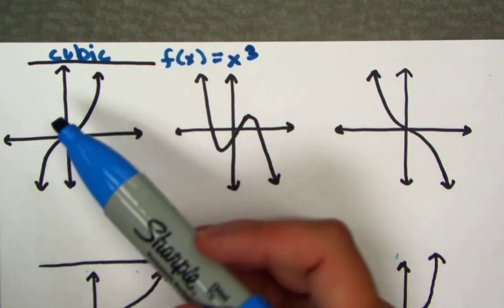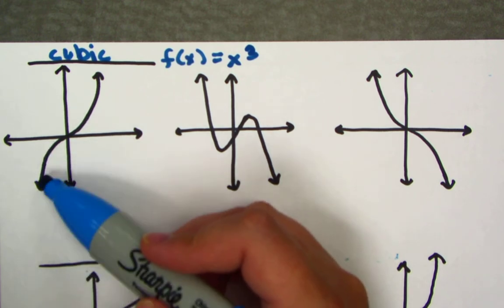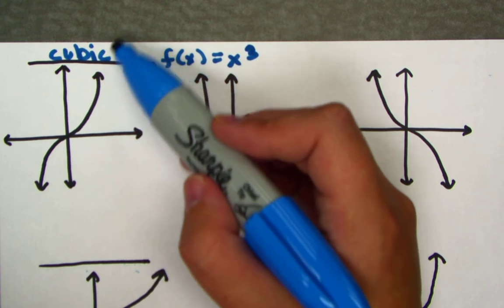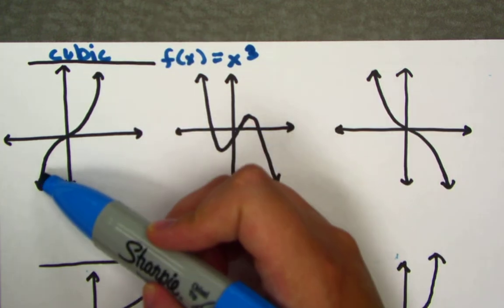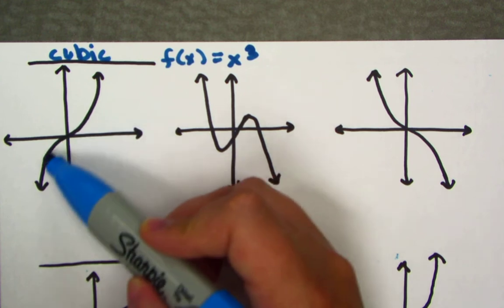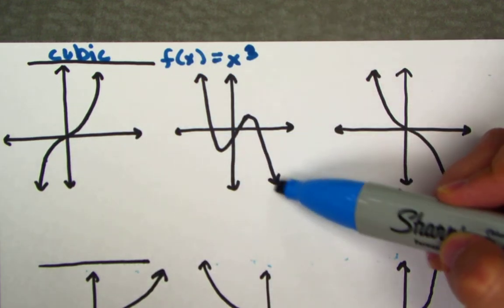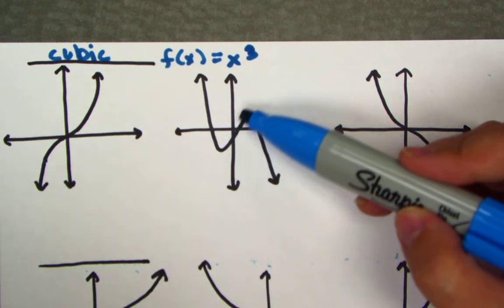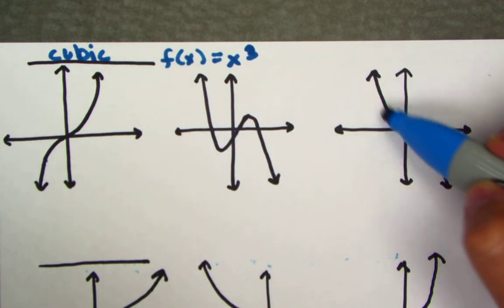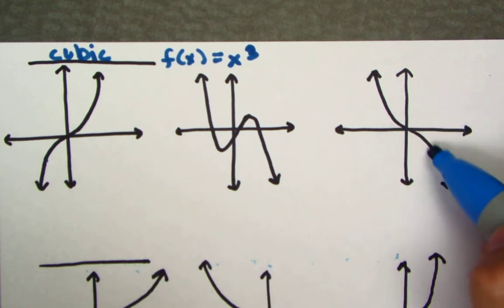Notice with these, it starts going one way, to the left it either goes up or down, and then to the right it goes the opposite way. Here it goes down to the left and up to the right with some curving in the middle. Here it starts going up, but to the right it's going down with some curving in the middle. And then same thing over here. It starts up, ends down with some curving in the middle.